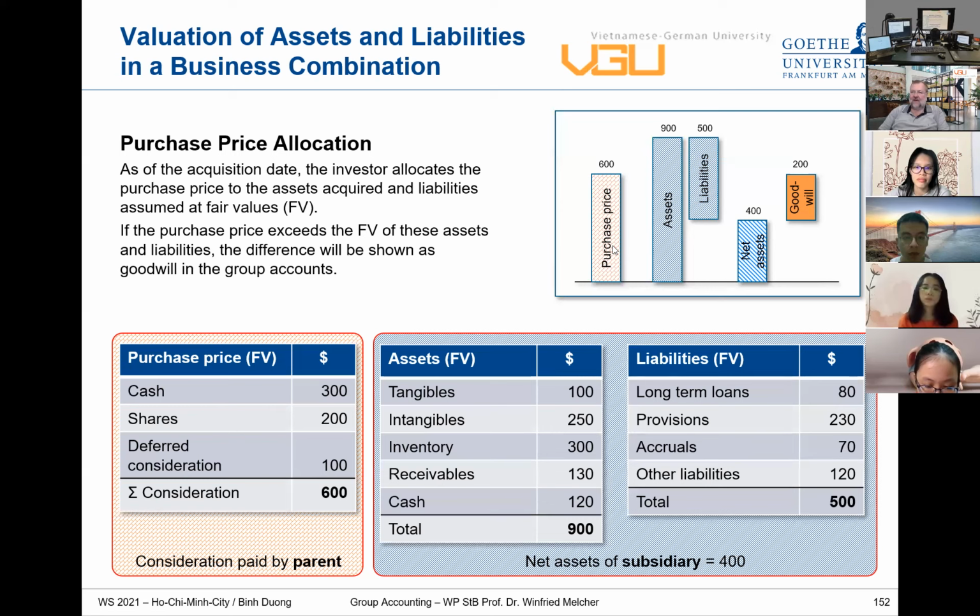If they paid less than net assets, well, we have a bad will and have to find out whether it is a lucky buy or not. And I think that's about it when it comes to a business combination, what you will have to do in practice. On the other hand, it can be a very, very long list.